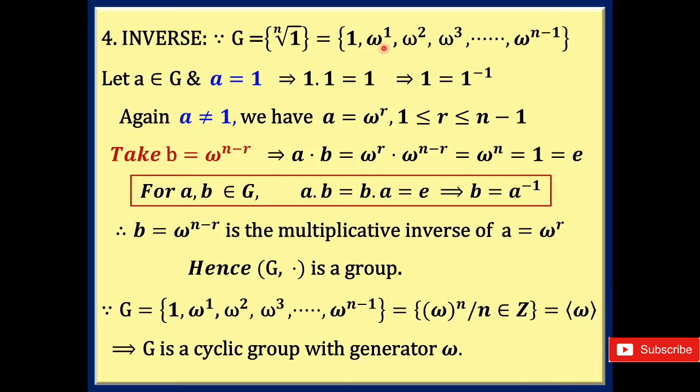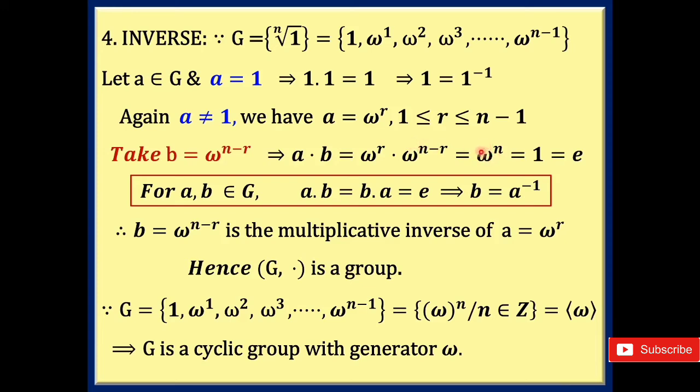a not equal to 1 means a lies between ω and ω^(n-1). That is, a = ω^r and r lies between 1 and n-1, 1 ≤ r ≤ n-1. Take b = ω^(n-r). Then a·b = ω^r · ω^(n-r) = ω^n, using a^m · a^n = a^(m+n).